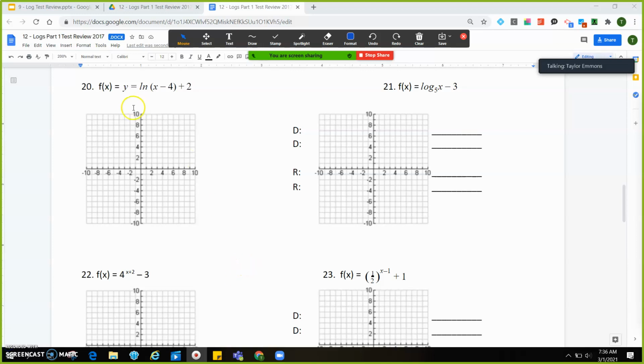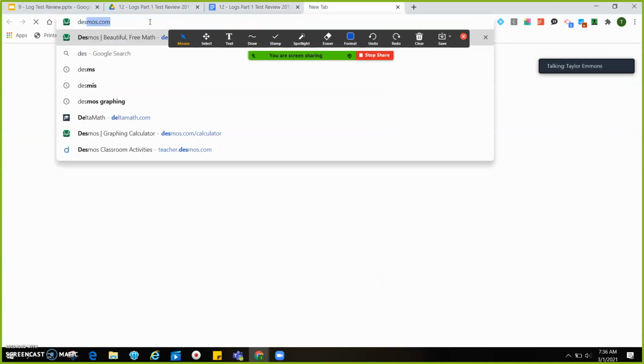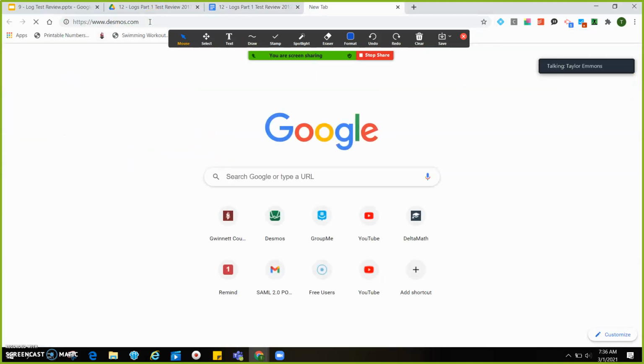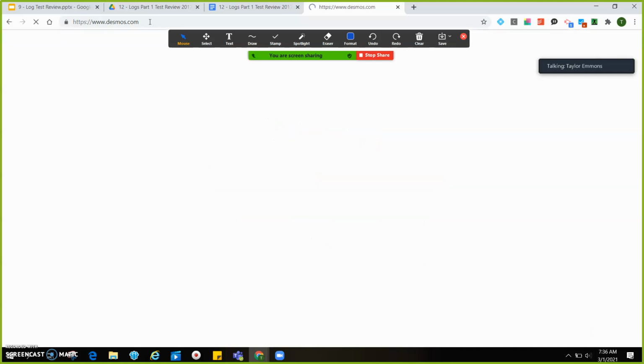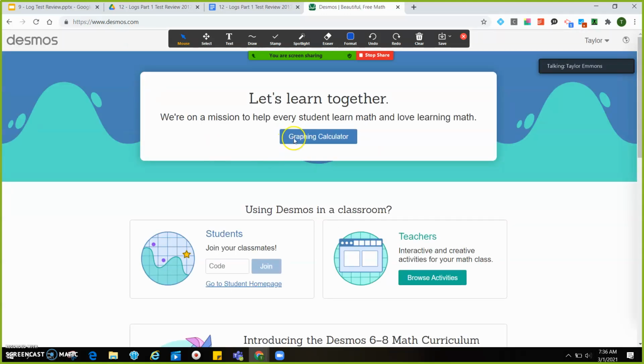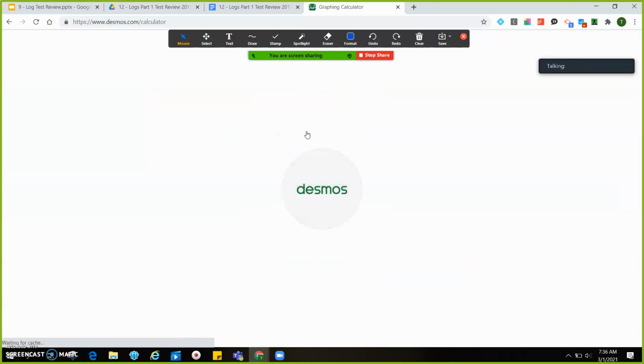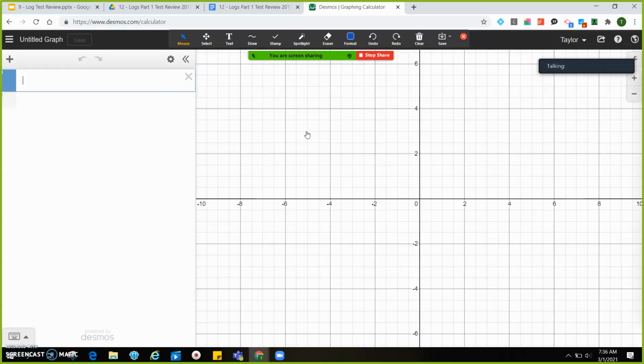On 20 and 21, we're going to take this function and plug it into our Desmos calculator, or a graphing calculator works too. Remember, ln is the natural log. Another way of saying ln is log of base e. We're just going to type ln because I like the shortcut method.